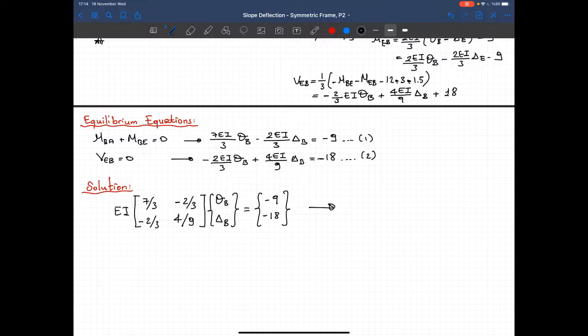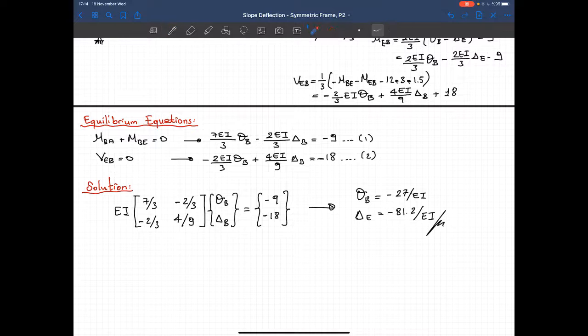When you solve it, you obtain theta B as equal to minus 27 over EI, and delta E as equal to minus 81 divided by EI.